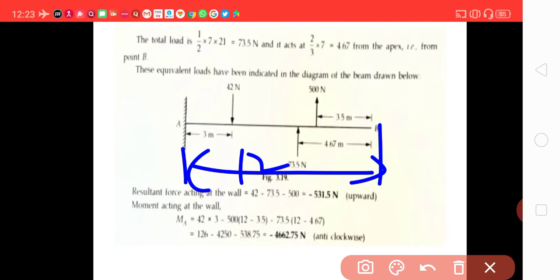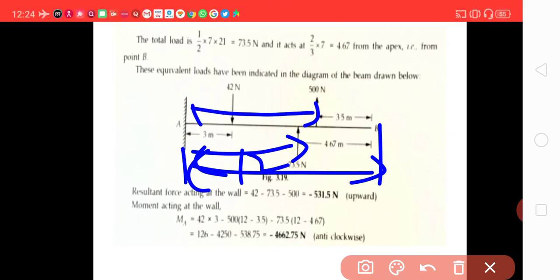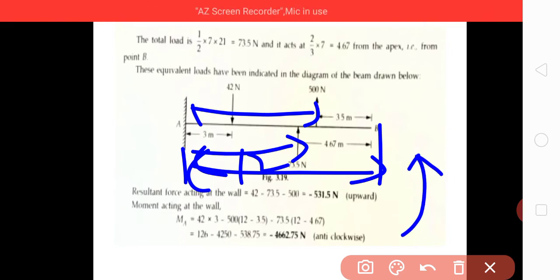So we have subtracted from the total length, because this length will be 12 minus 4.67, and this distance will be 12 minus 3.5. That sum comes out to be minus 4662.75 Newton anti-clockwise. This is the resultant, and this is the answer.